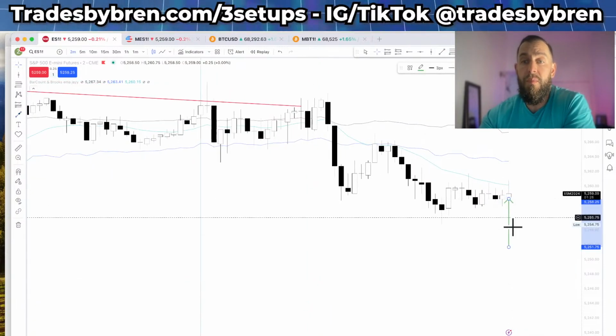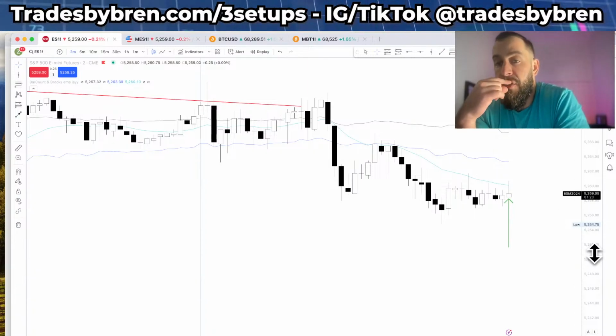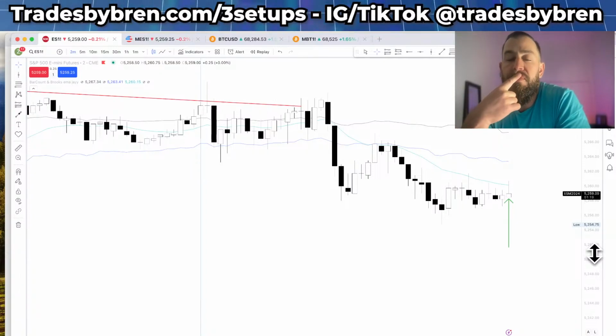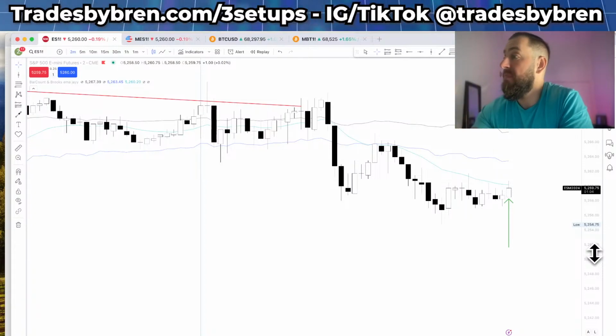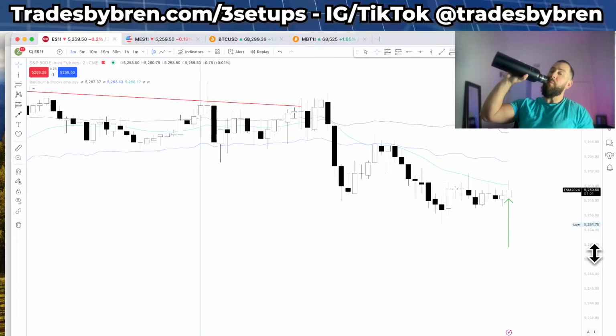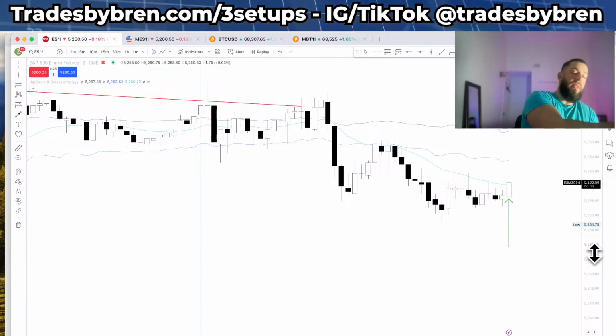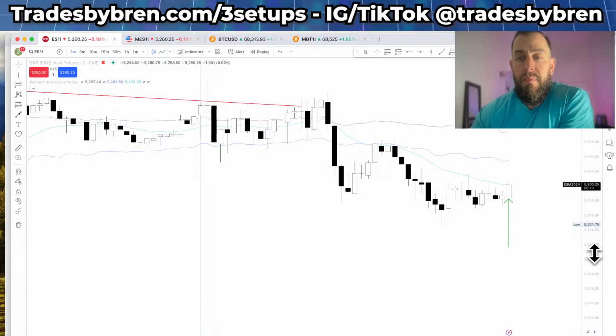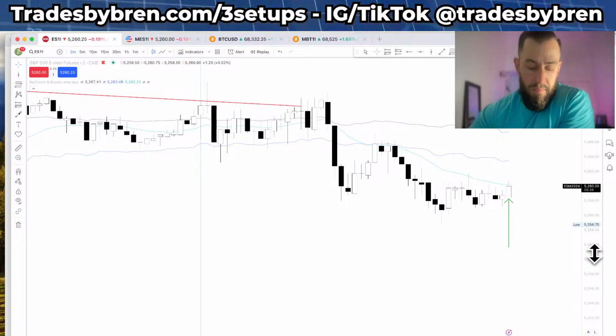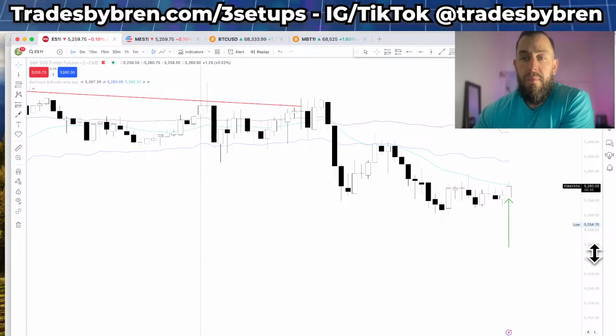Watch this candle. And you guys tell me if you see this candle close above that blue line. 30 seconds left.